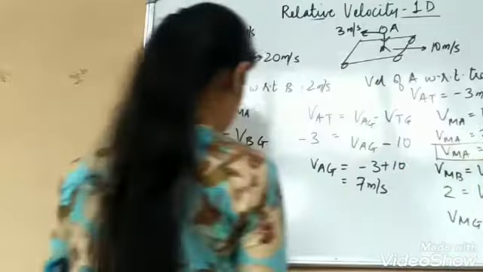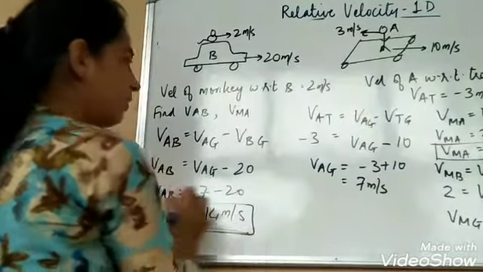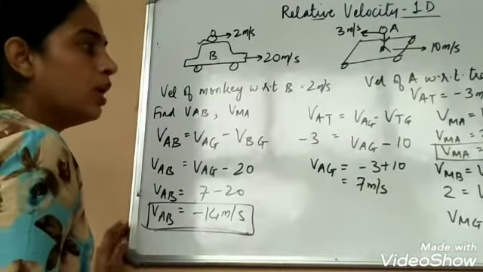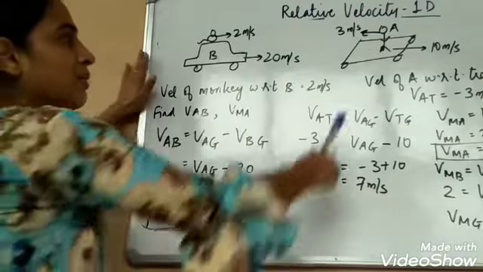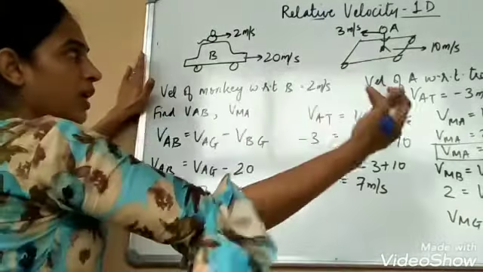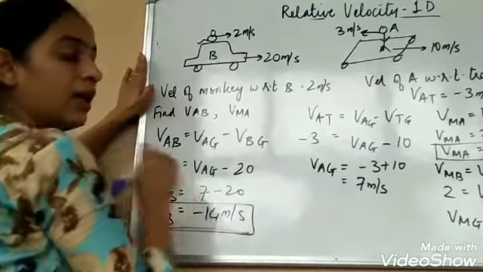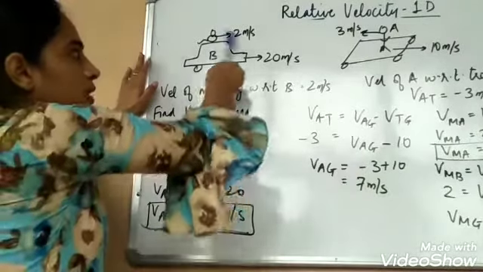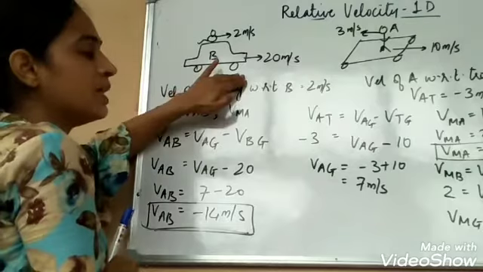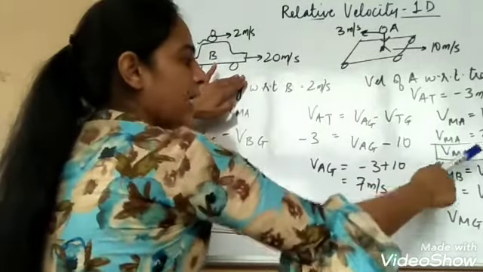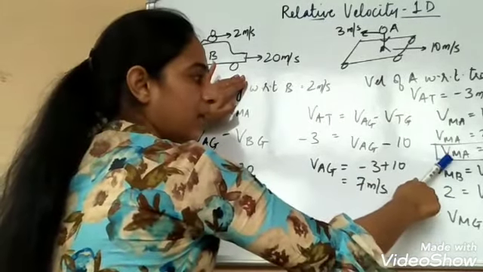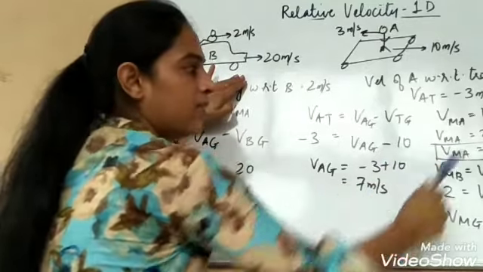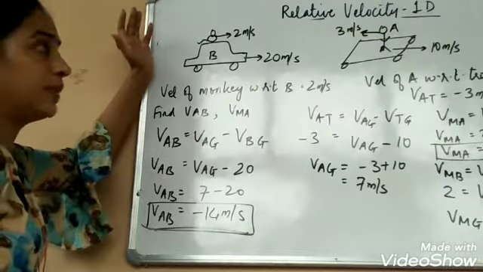Okay. So this is how we solve relative velocity problems. What is velocity of monkey as seen by A? A is moving in the opposite direction and sees the monkey coming in the forward direction with a velocity of 2 meter per second sitting on the car. A sees the monkey as coming towards him with a velocity of 15 meter per second.